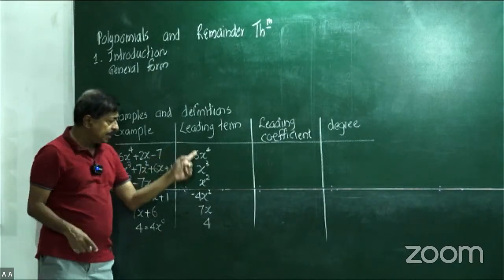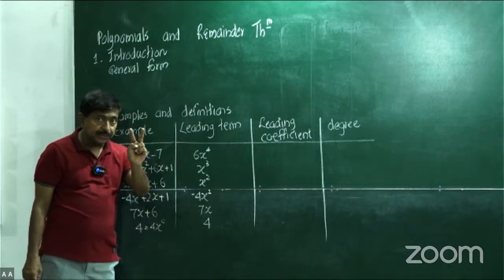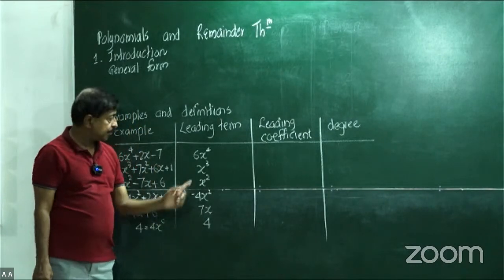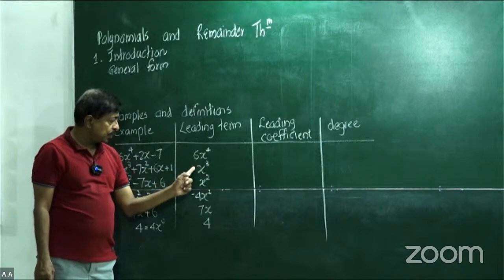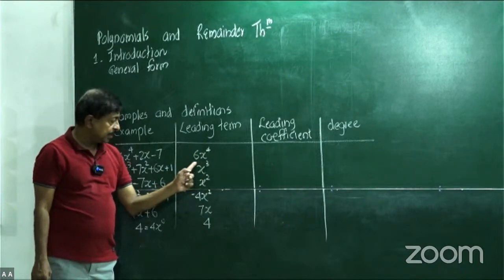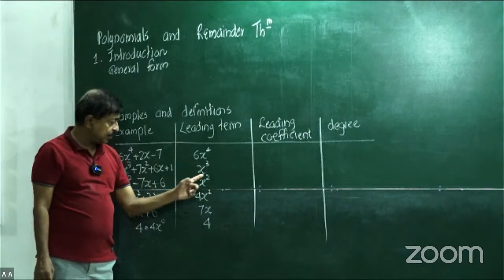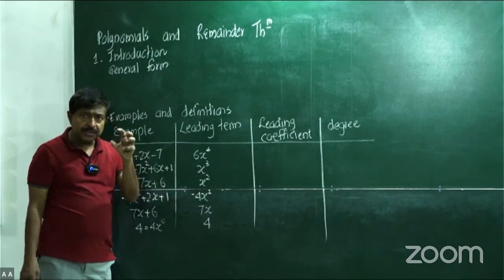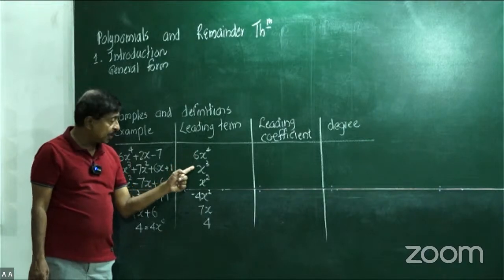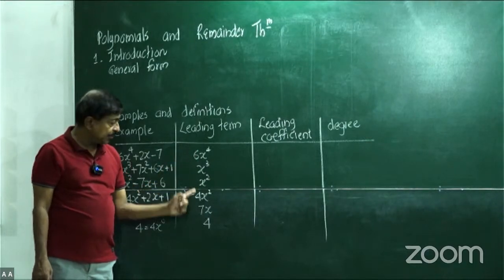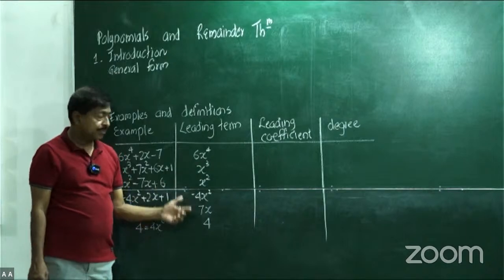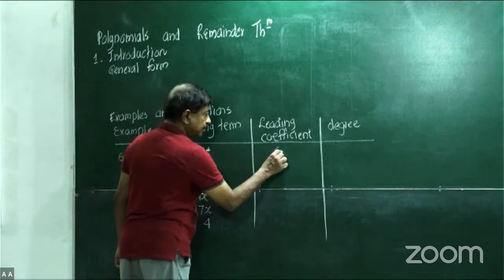Now the leading coefficient is this. If you look at the leading term, there are two numbers. Look, 6, 4. Here it is 1, 1, 3. Even though 1 is not explicitly expressed there, 1 is there, 1, 2. Now the leading coefficient is the number sitting in front of these terms. Like here it is 6.